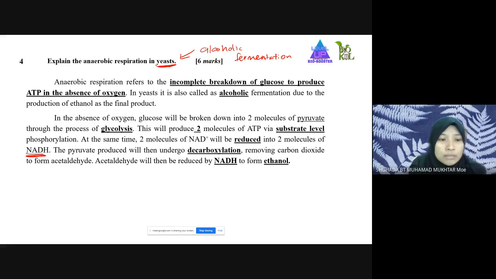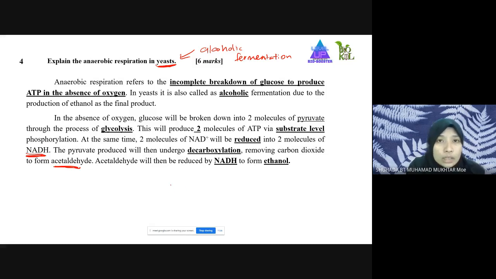Sebab NADH diperlukan dalam next step, whereby the pyruvate produced will then undergo decarboxylation, removing carbon dioxide, forming acetaldehyde, and then acetaldehyde will be reduced by NADH to form ethanol. So final product awak dapat CO2 dengan ethanol. Itu je untuk anaerobic respiration.